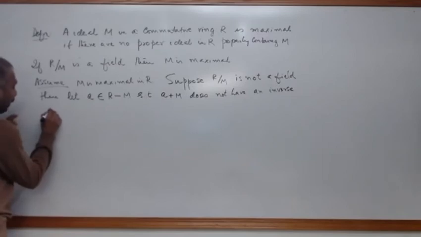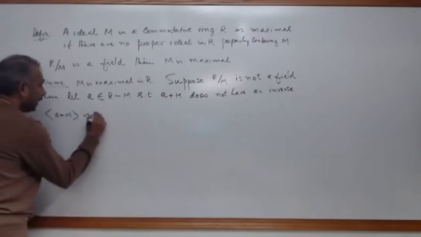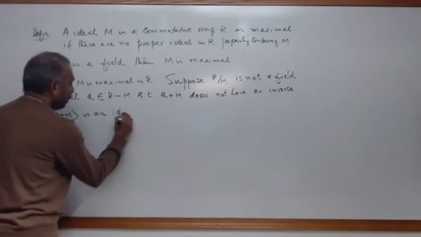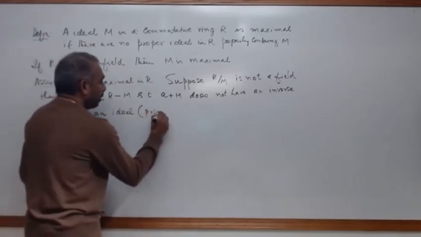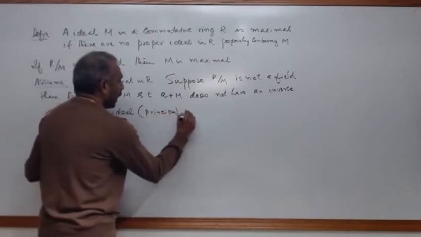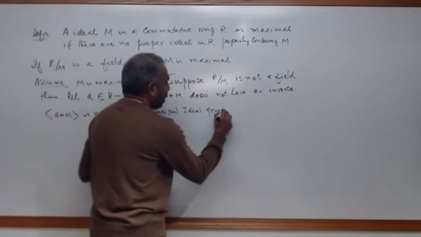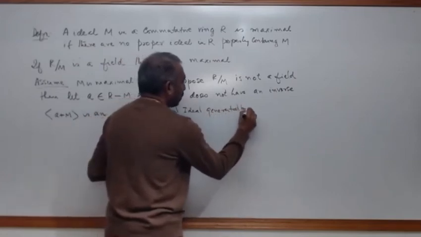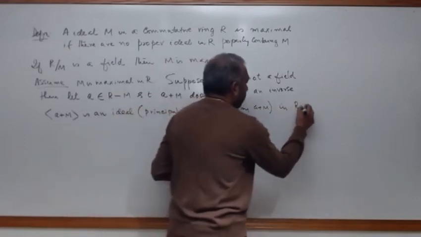So then the ideal generated by A plus M in R by M is a principal ideal.